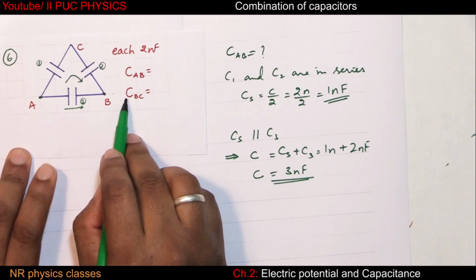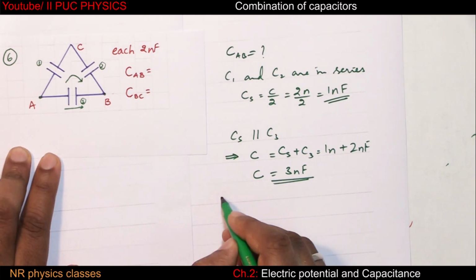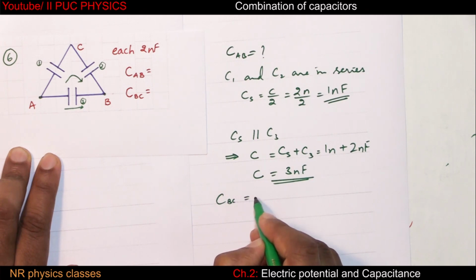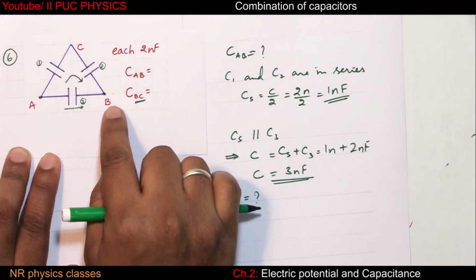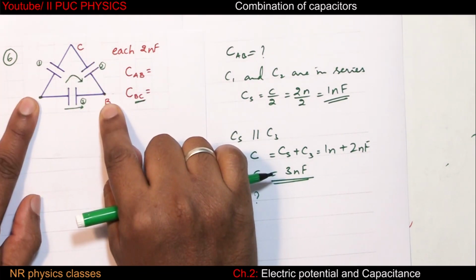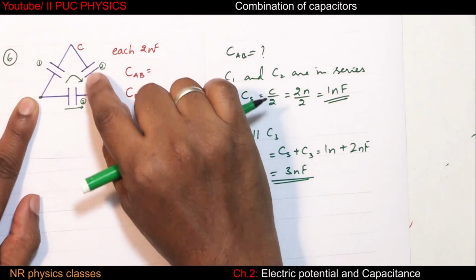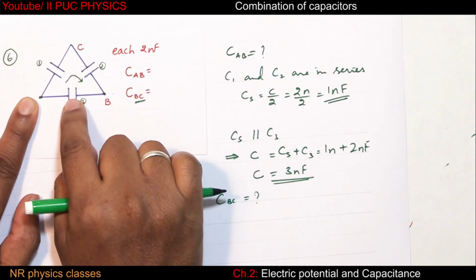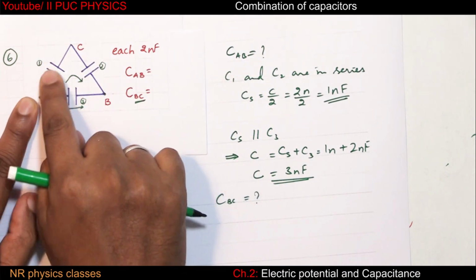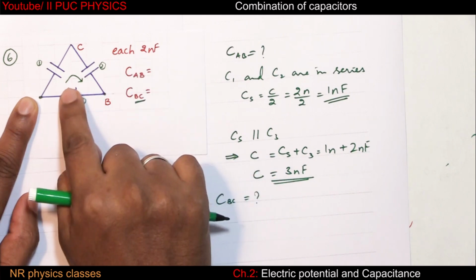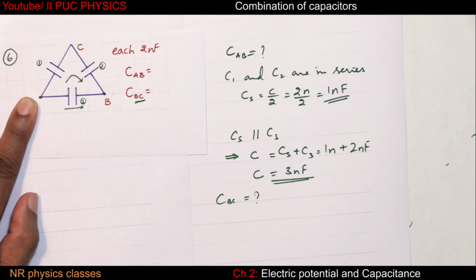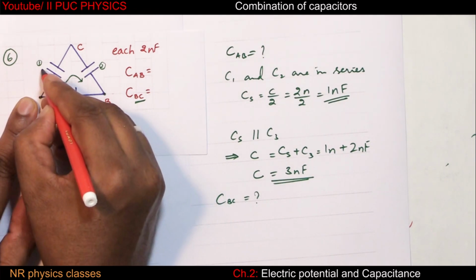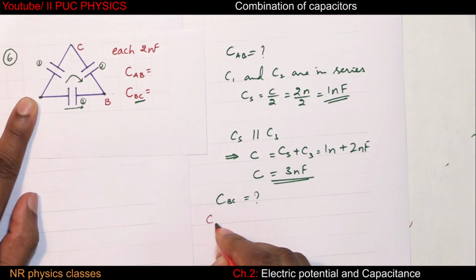Now, to find CBC, question mark. B and C, you have to concentrate on B and C. B and C is there, means forget A. For B and C, these two are in series, each equal to 2. 2 and 2 in series means 1. Observe, C3 and C1 are in series.